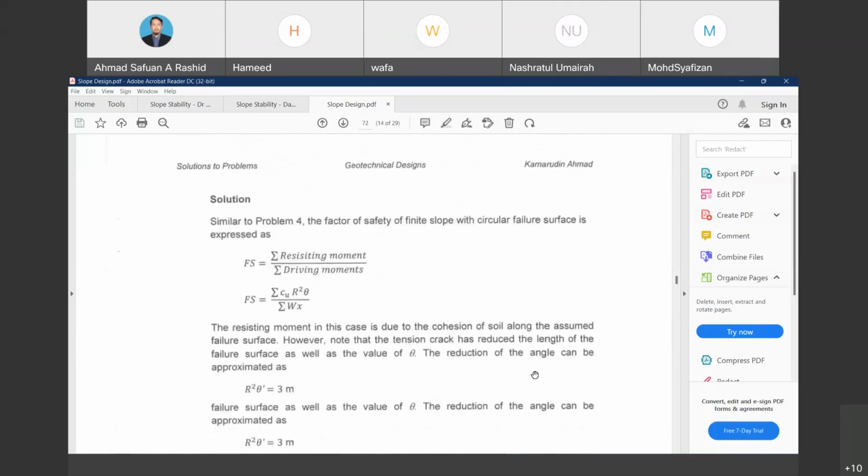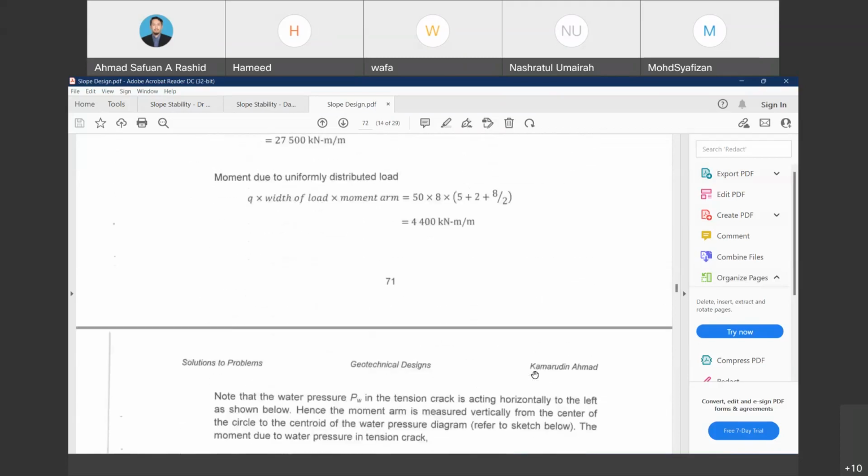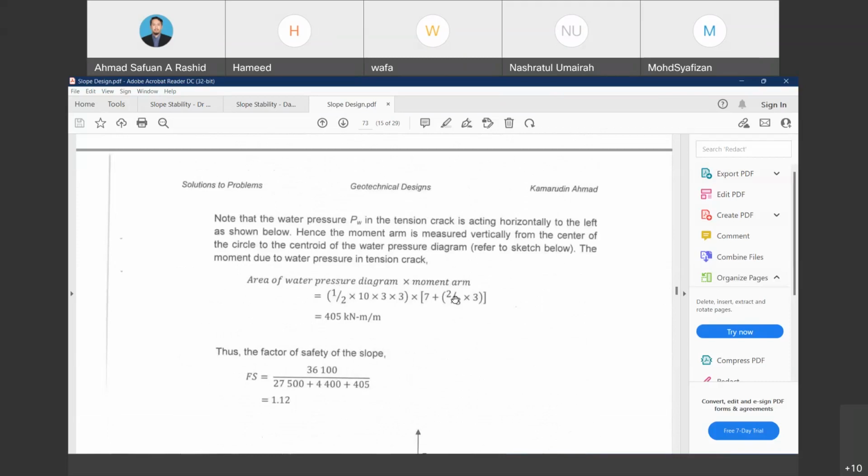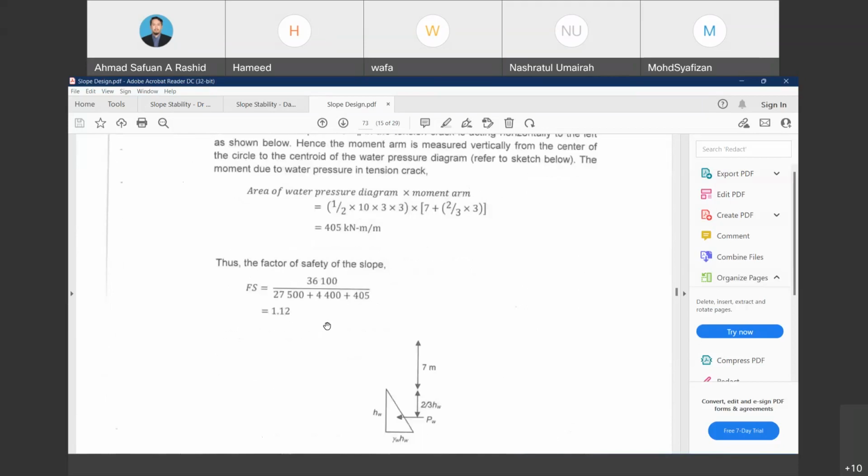So 7 plus 2/3 times 3 is the moment arm, then we obtain 405. So in total, the new factor of safety is supposed to be 1.0 something, not 1.12.